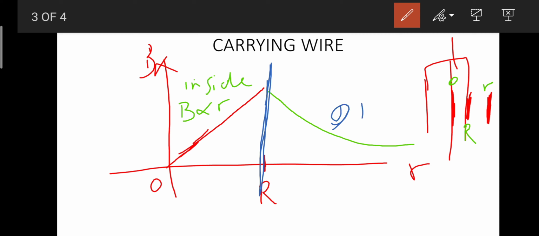And this point is lying on the surface, and at the surface the value of B is going to be maximum. So at this outside point B is inversely proportional to r. So that's how we can show that at various points we can determine the value of B.